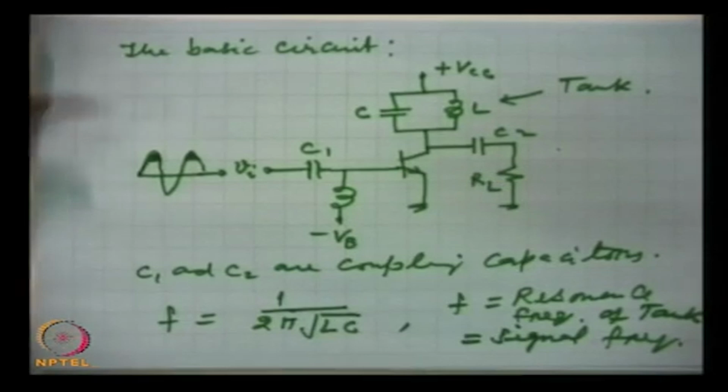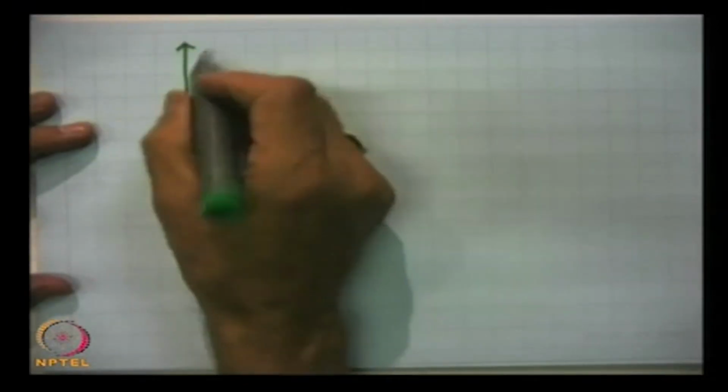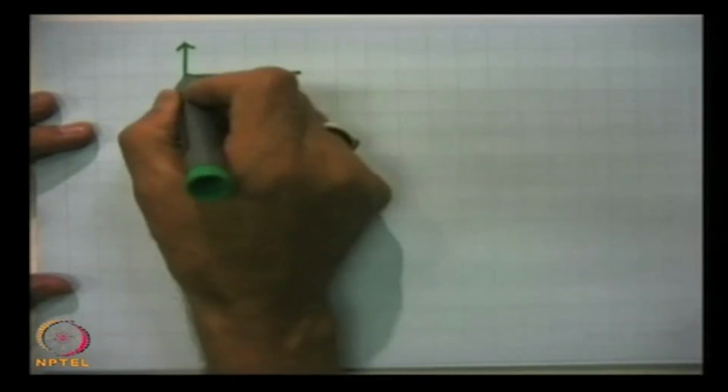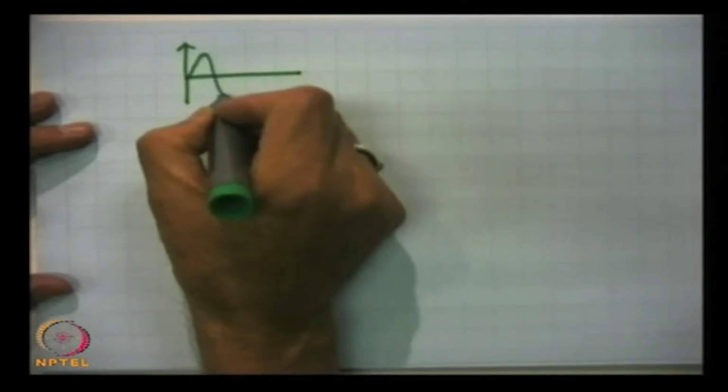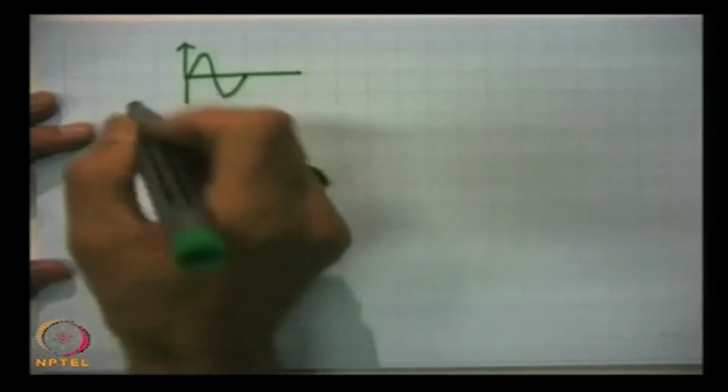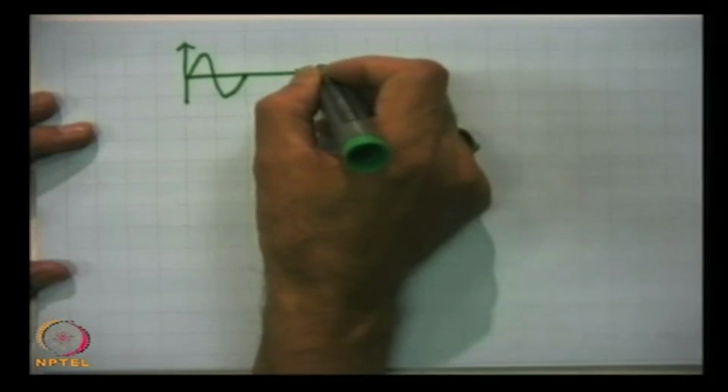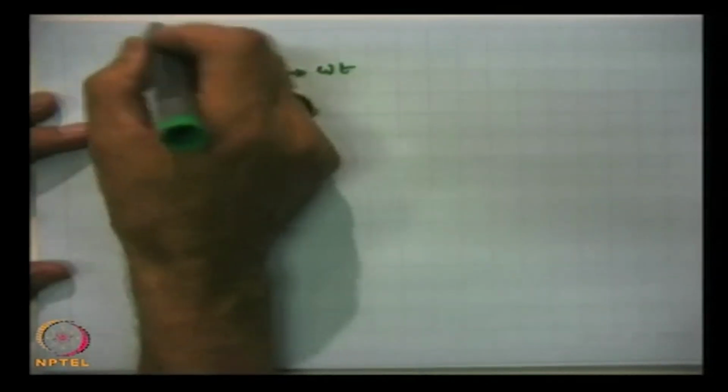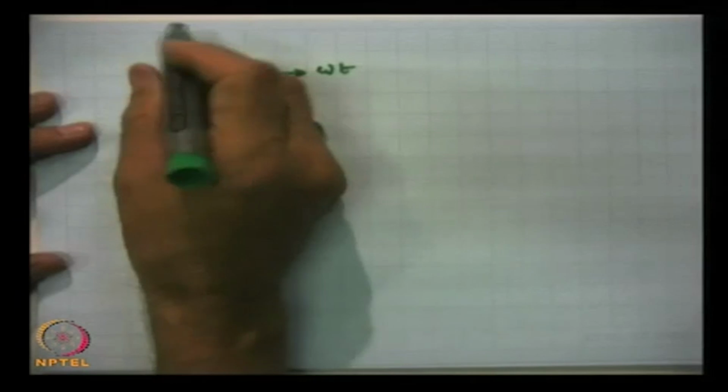Now, let us first graphically see whatever I have said, I will explain through these figures. This is the input signal, this is omega t, and this is the input voltage.